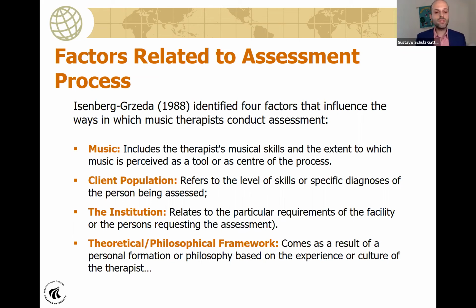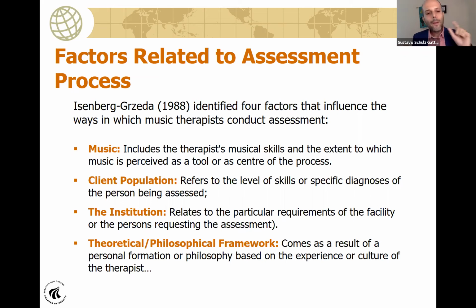If I have some specific skills, if I know how to improvise and I am skilled at playing guitar and piano, maybe I can play in a live interaction with the client, creating music with the person. However, if I have some limitations, perhaps using recorded music can help me assess the client better, because I will be able to pay more attention to the client, not to the music that I need to play.